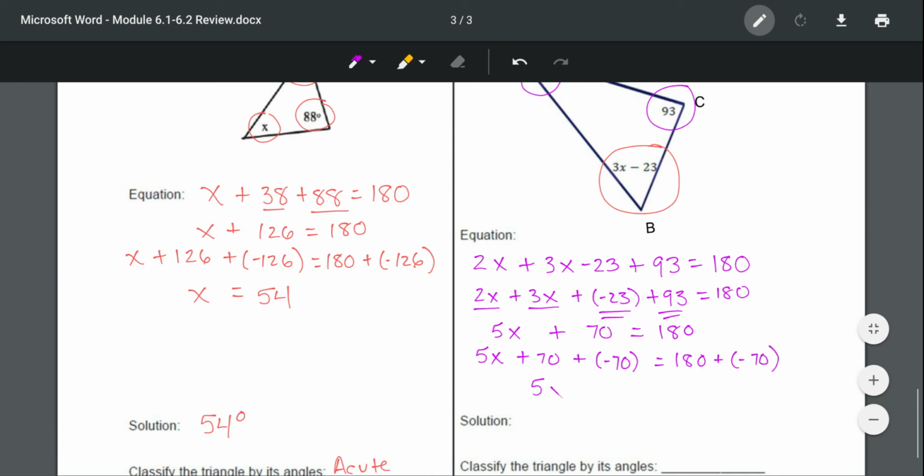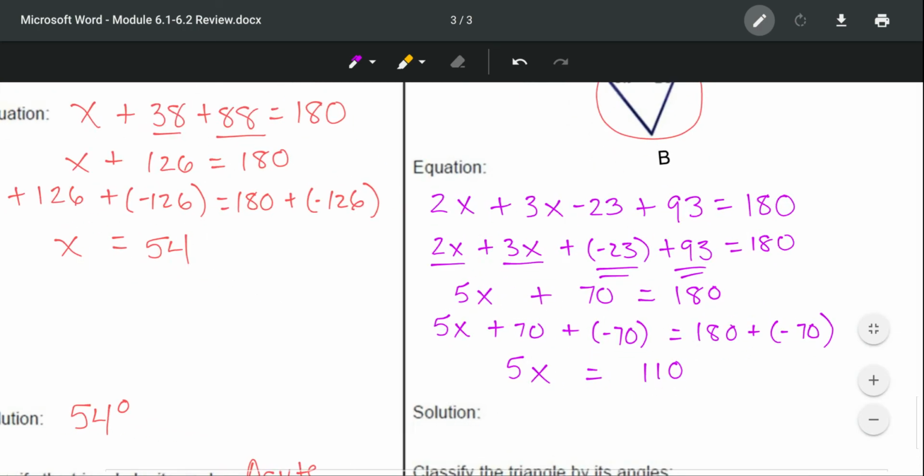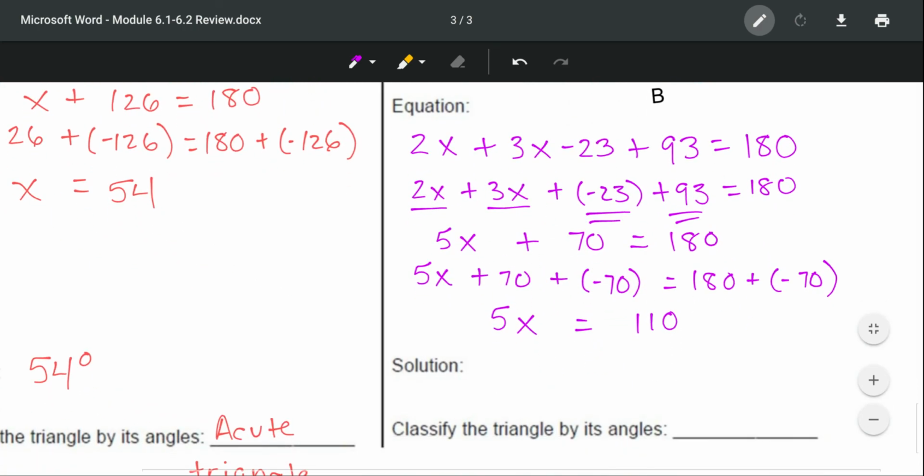So you're going to get 5x equals 110. Now you can divide both sides by 5 or multiply both sides by 1/5. Dividing by 5 is the same thing as multiplying by 1/5. So x would equal 22.